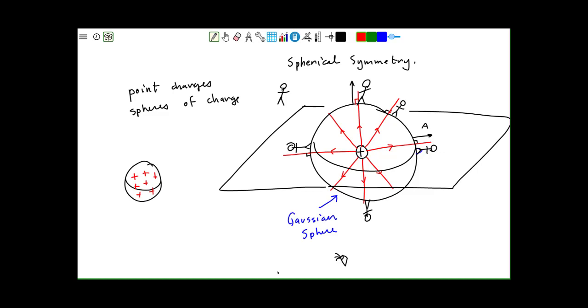So that means for spheres even, the electric field generated by that sphere is going to be spherically symmetric.